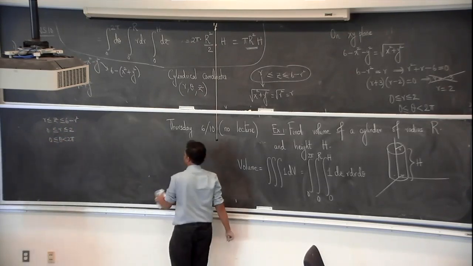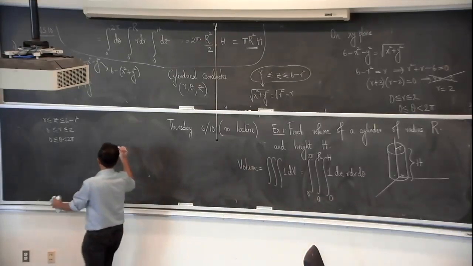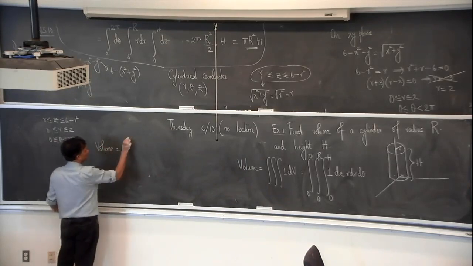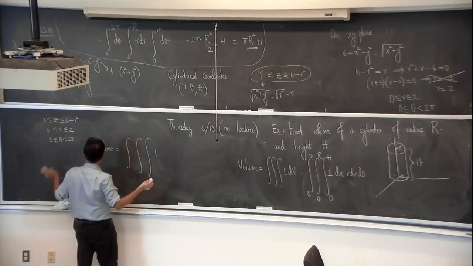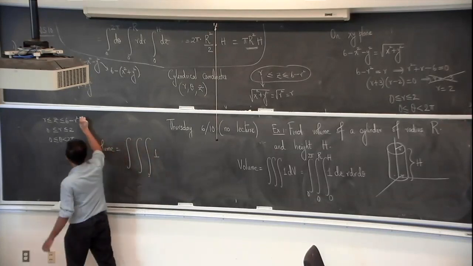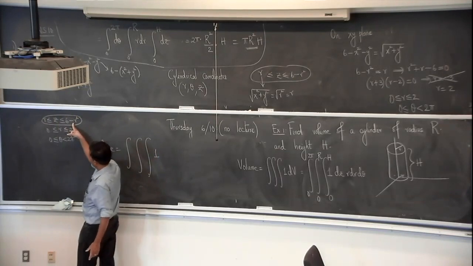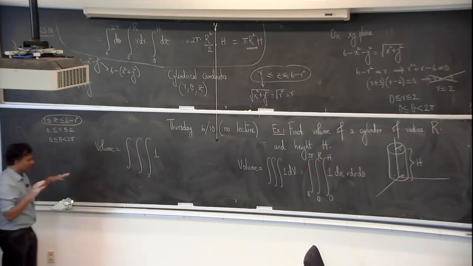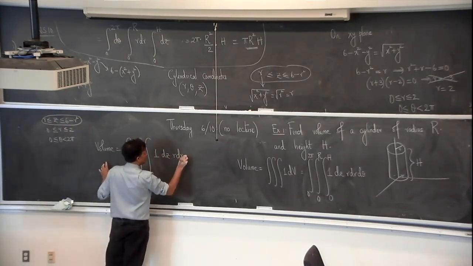Once you have all that, it's easy to find the volume, because in cylindrical coordinates, the volume is the triple integral of 1 dz r dr d theta. Here you have to do z first because you have r in the limits. So don't just immediately go in and separate the things. Be a little bit careful here.